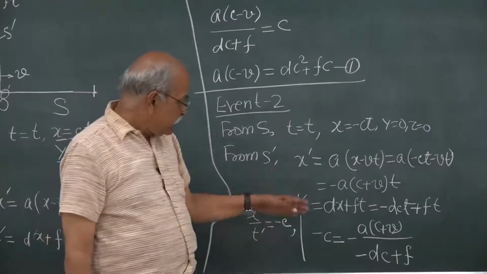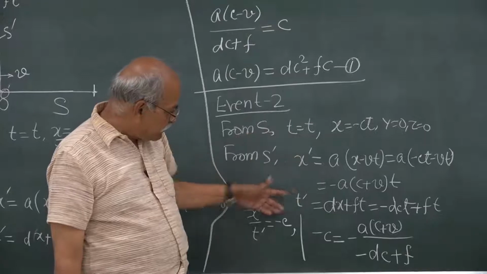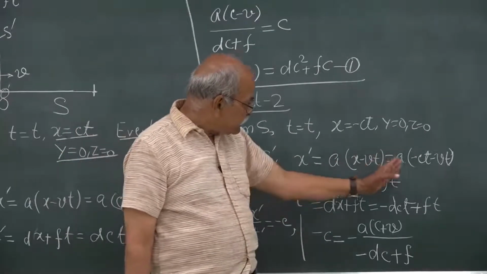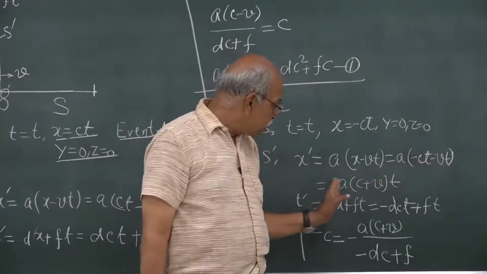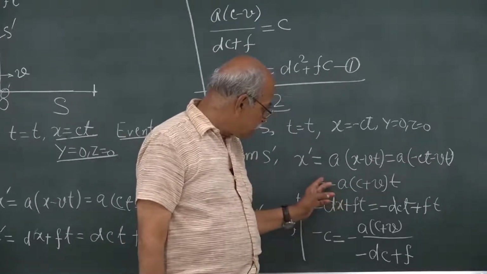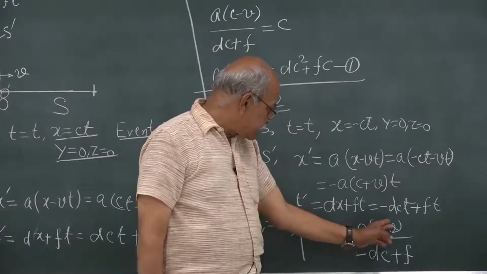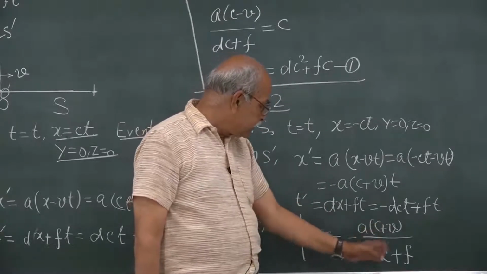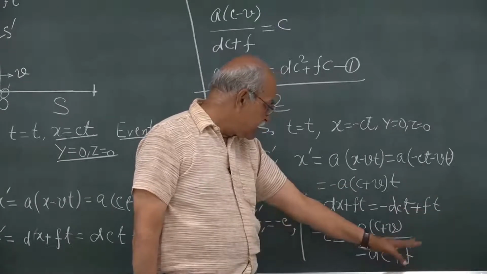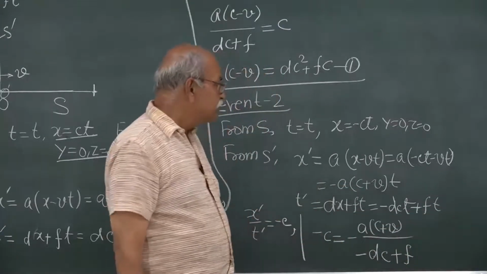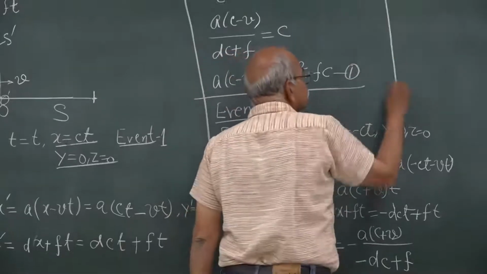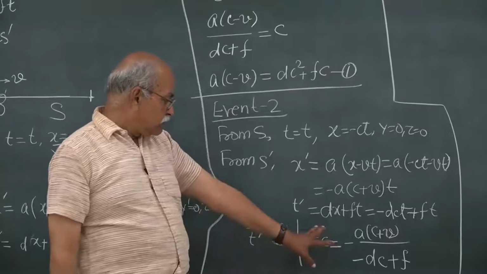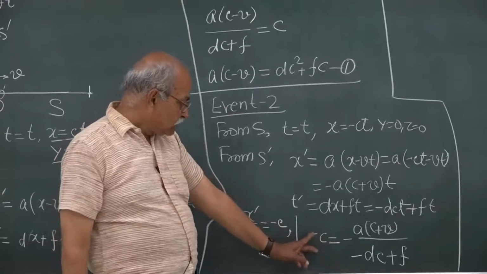So, x prime divided by t prime is minus c. So, this side this is minus a into c plus v t, and then divided by this minus d c t plus f t, t cancels out and it becomes this. So, let us work out a little bit.